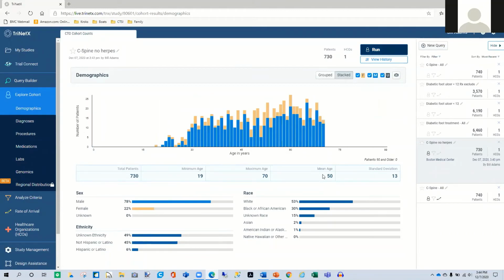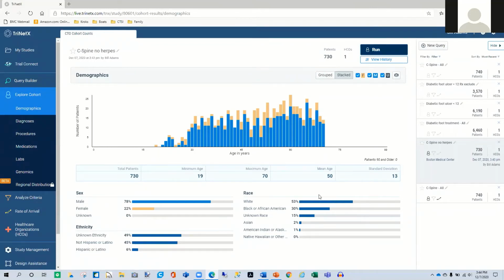I can look at the, you know, looks like it's much more common in males, so that's interesting. And compared to the overall population in our database, to me, there seems to be a predominance of Caucasian people with this phenotype as well.